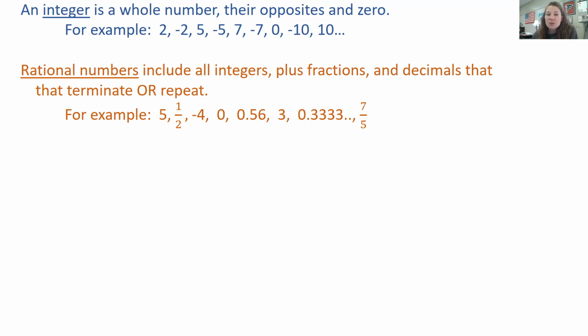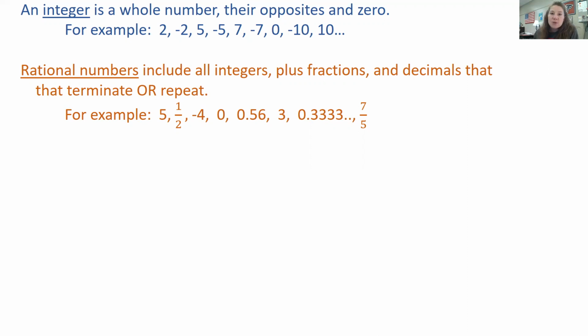However, now I'm introducing the word rational number. A rational number is any number you can write in fraction form. So all integers are rational numbers because you can write 2 as a fraction, 2/1, or -2, -2/1, 5 would be 5/1. So rational numbers include all integers plus all fractions, as long as it doesn't have a symbol as part of the fraction.